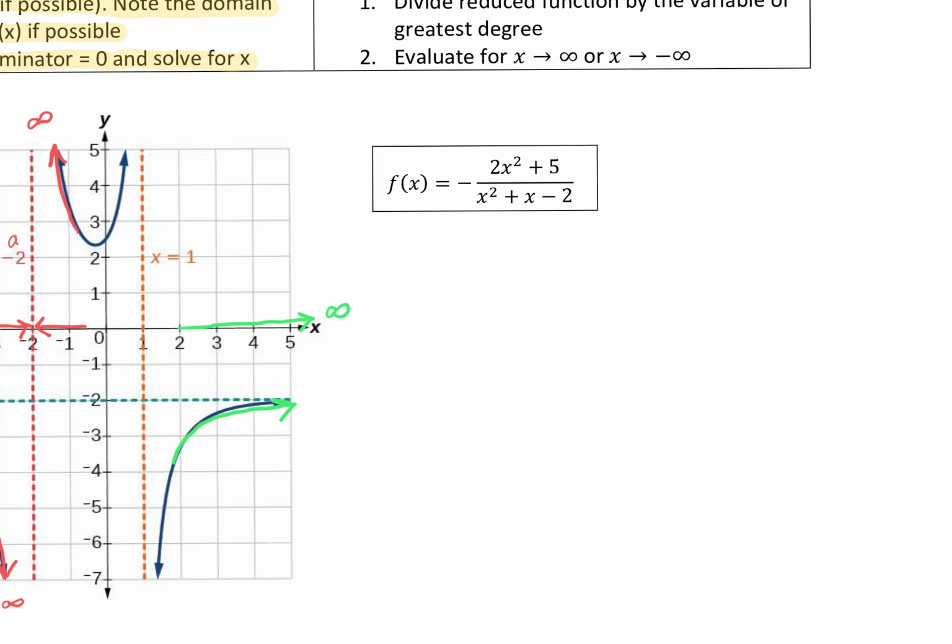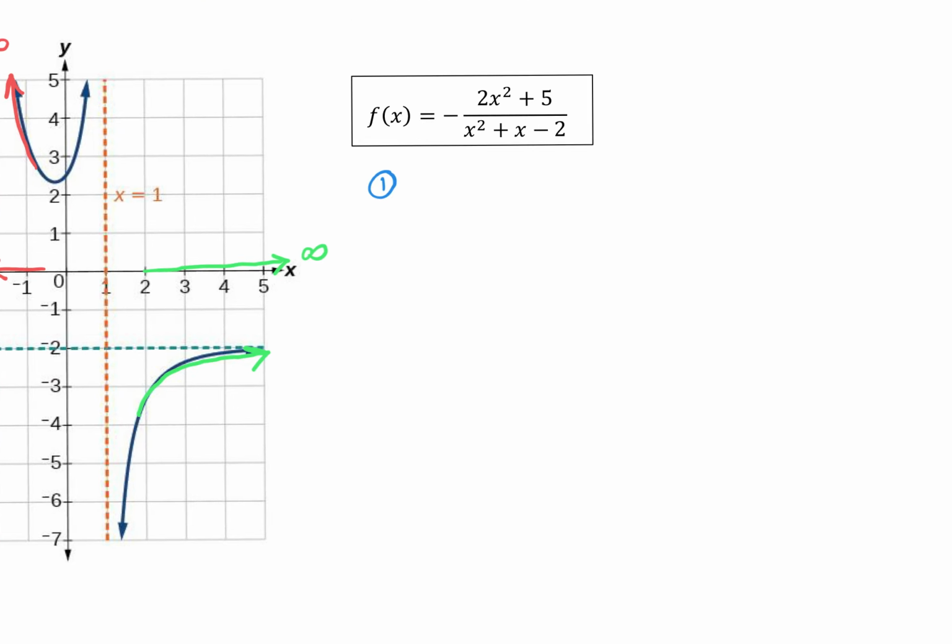Well, the first thing I want to do is, if possible, factor this and find the domain. So it's going to be, you know what, I like y, equal to -2x squared plus 5. The denominator does factor. It's going to be x plus 2, x minus 1.